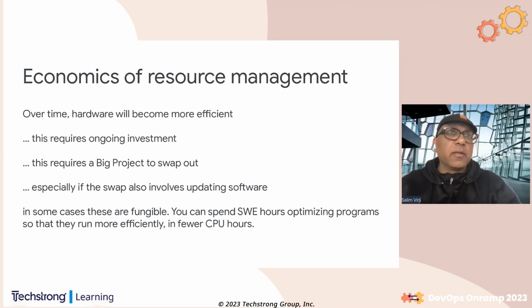And this investment includes such things as designing systems against the new hardware, building and testing against the new hardware, ensuring that you're using the latest software that takes advantage of the hardware.